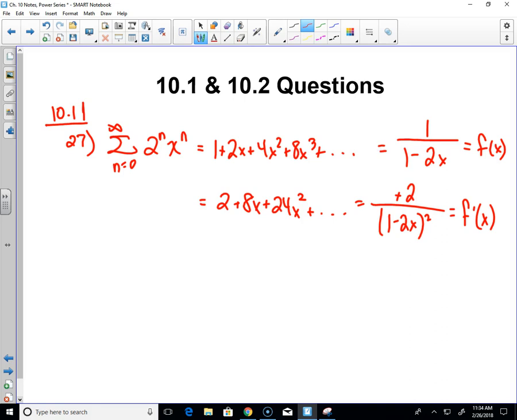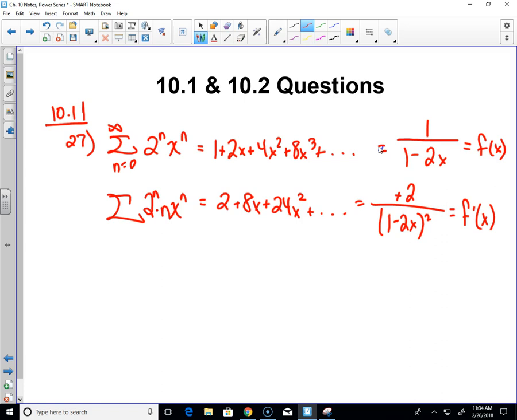So we're trying to figure out the nth term. I see x being raised to the nth power, because it's x to the 0, x to the 1, x to the 2, so that's pretty easy. The coefficient gets a bit harder, because we have 2 to the power of n being multiplied by n. 2 to the power of n times n. How did I realize that?